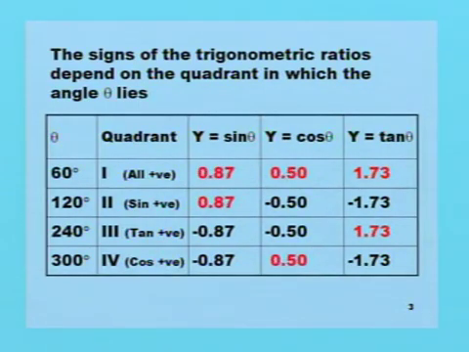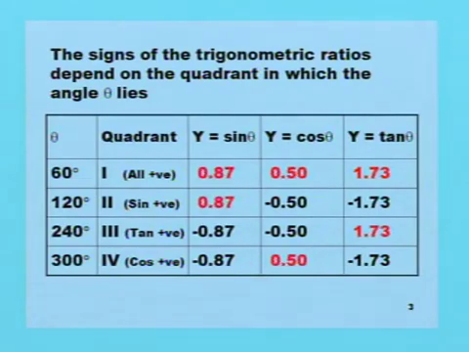So the sine of 240 degrees, and you can use your calculator to check this out, sine 240 degrees is equal to minus 0.87. Cosine 240 degrees is equal to minus 0.50. And the tangent of 240 degrees is 1.73.